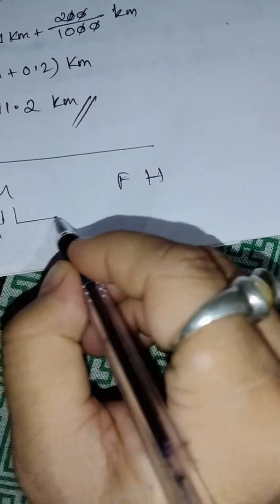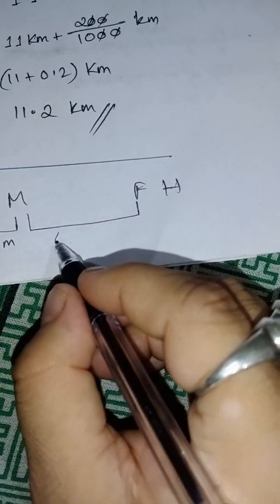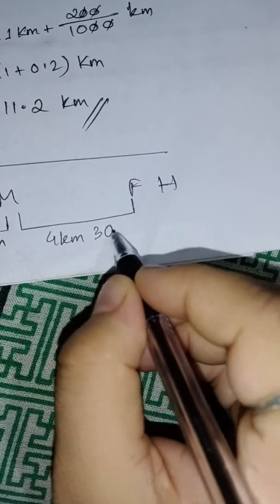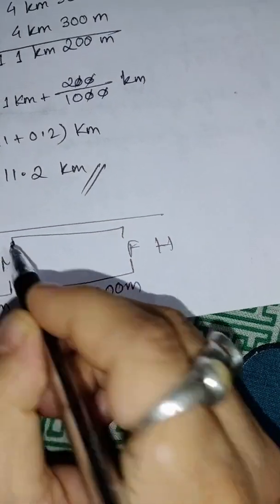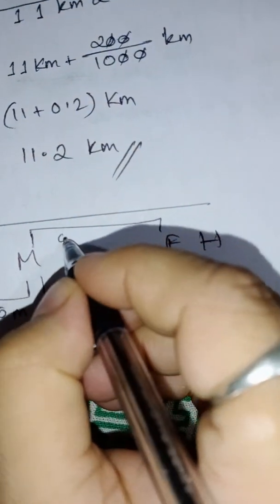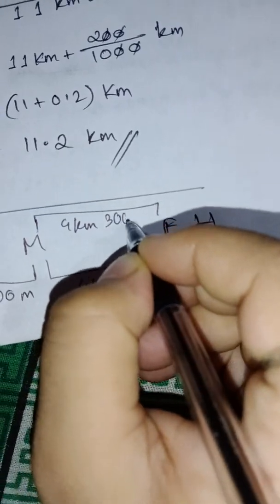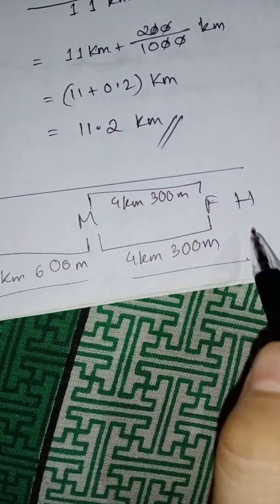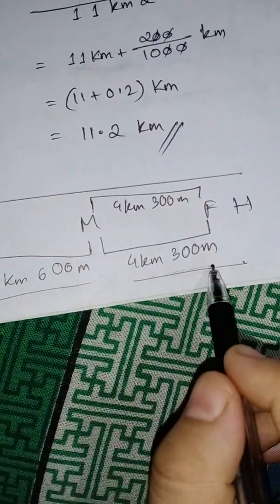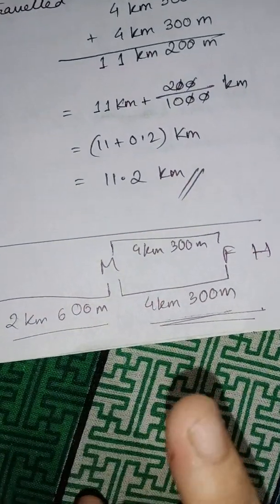Then from market to friend's house he went, which is 4 km 300 meter. And then from friend's house he came back again to the market. So the distance will be the same, 4 km 300 meter. So first he traveled this much, then this much, and then he came back traveling this much again. So what is the total distance he has covered?